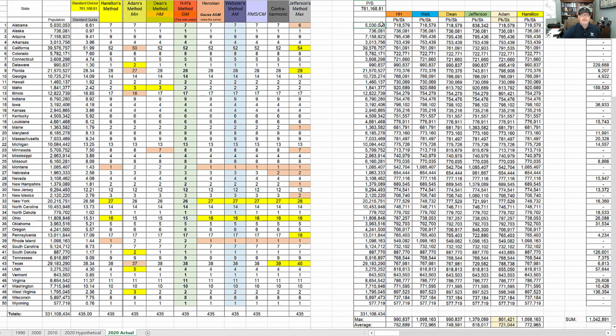So if you divide this 5 million by the 7, you get this number. So a lot of agreement there. Jefferson, though, would have only given Alabama 6 seats if we use that apportionment. And so if you divide that population by 6, you get this number.